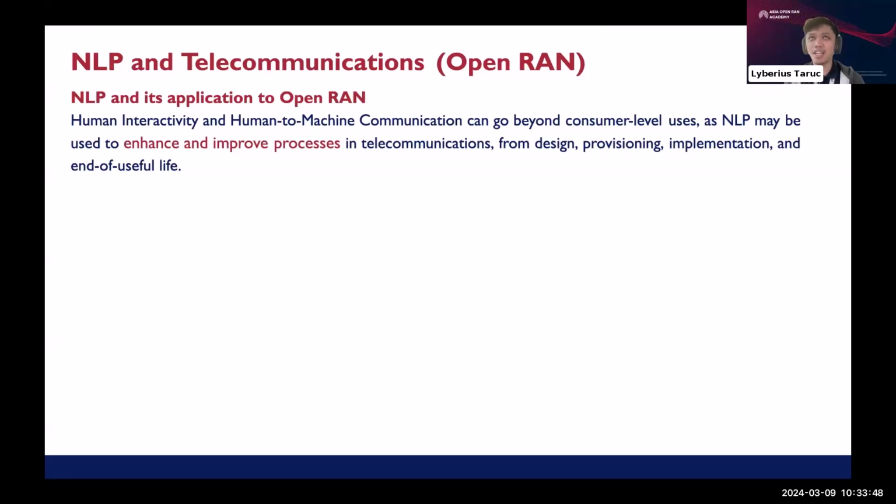It's a bit of an irony if telecommunications, being a field dealing with communications, does not have a means for its underlying business processes to make communication more efficient. And that's where NLP can be a possible use case. Now, I was able to propose here three high-level use cases on where NLP can be applied in Open RAN in general, and this can be applied across the different domains of your telecom.